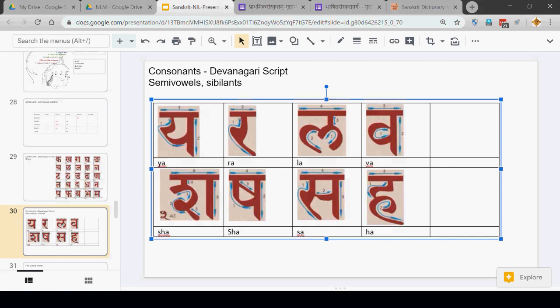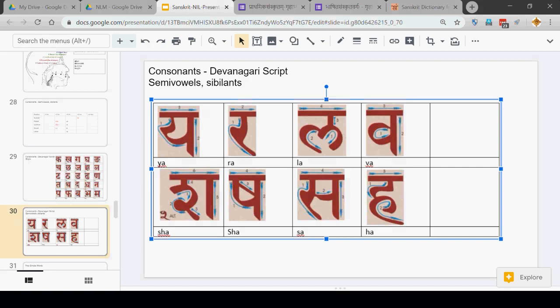And la is a dental sound. And va is mostly a labial sound, with lips. The coordination of the lips is needed, va.